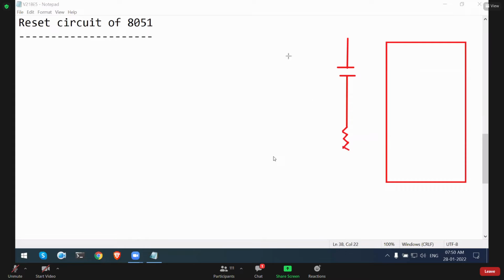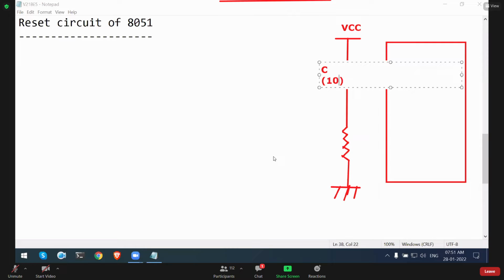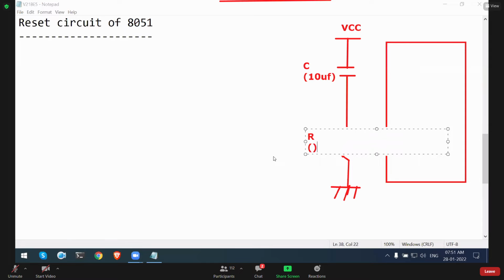Power on reset is an RC circuit, that means a resistor and capacitor circuit. This is VCC. This is the capacitor. It is a 10 microfarad capacitor recommended by Intel. Then the resistor.